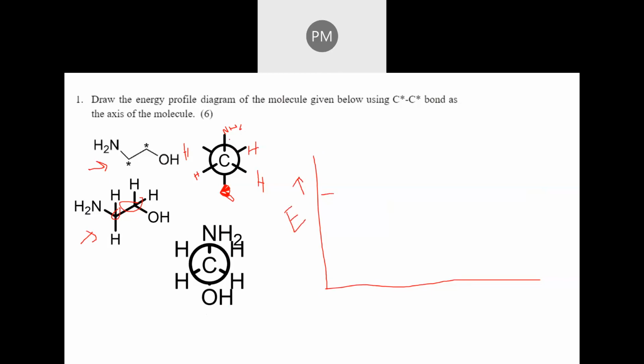So this OH will be behind here. Like that we could draw. For this case, NH2 is this.